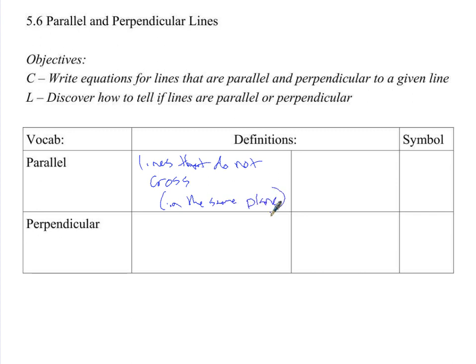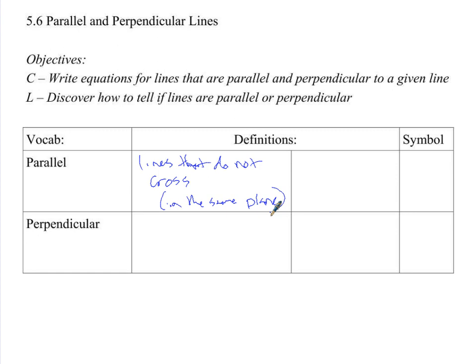Lines that do not cross, that are not in the same plane, don't necessarily have to be parallel. Think of the walls of a room. Opposite walls are parallel. Those are actually planes. But if you look at the lines made by the floor and the wall, and the ceiling and the wall, those lines are shared by that wall.